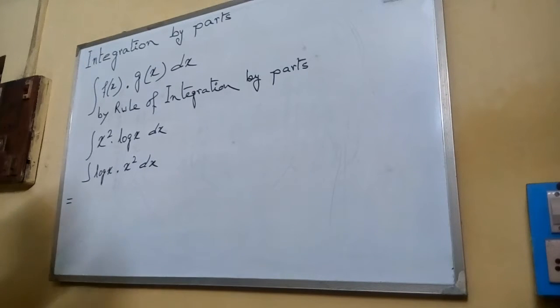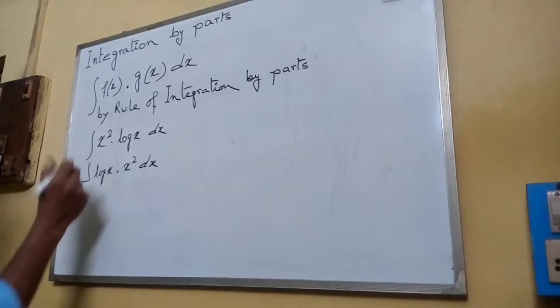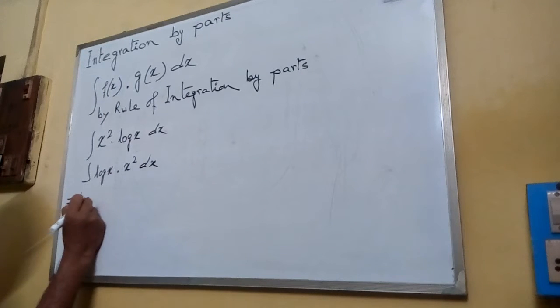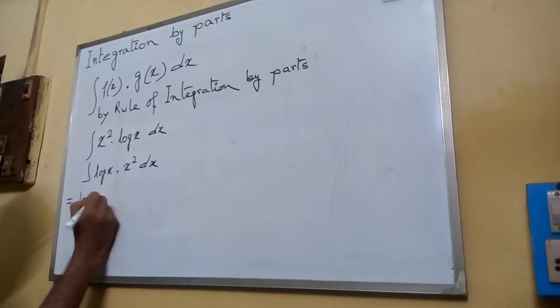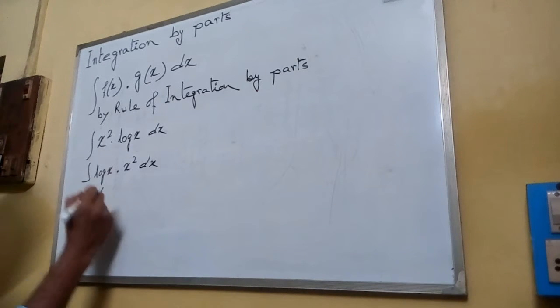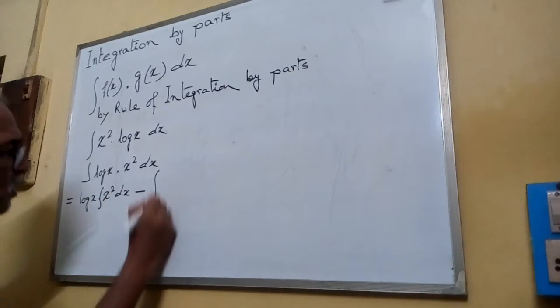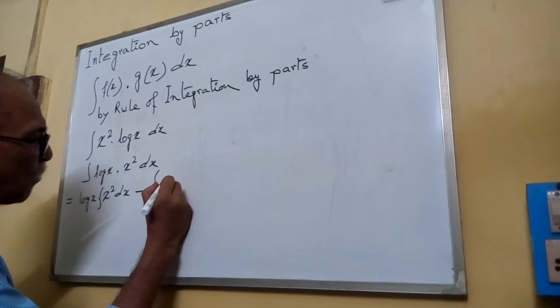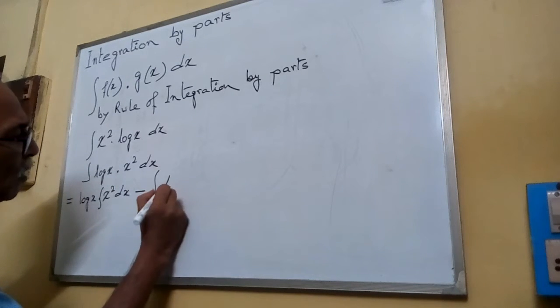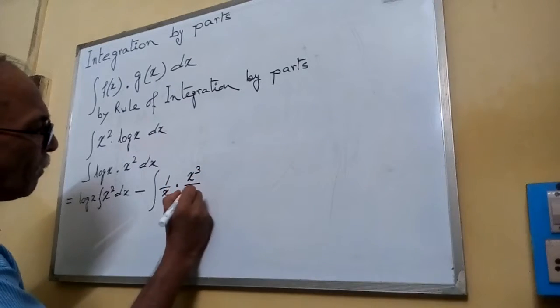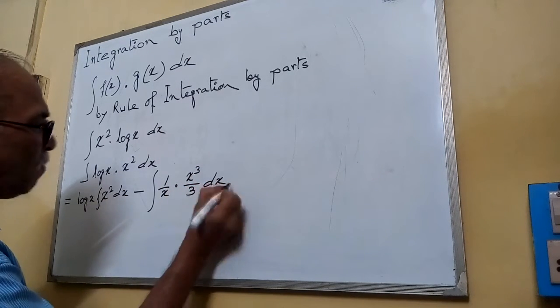we can remember the rule in this way: instead of f(x) dx, we can say first function into the integral of the second function, minus, within the integral, the derivative of the first function. The derivative of log x is 1 by x, into the integral of the second function. The integral of x square is x cube by 3, dx.